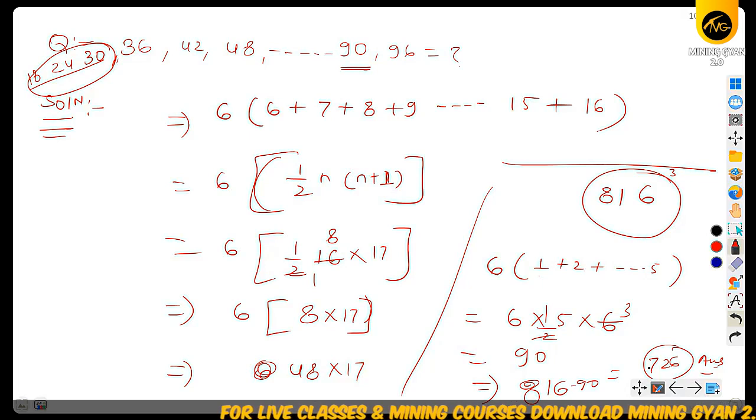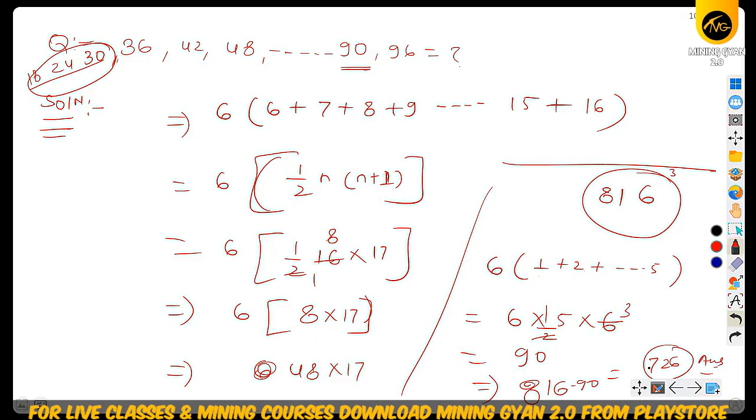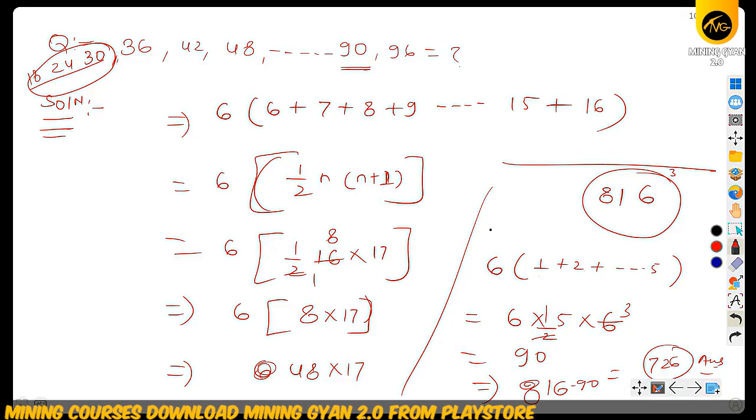Always we have to subtract the remaining portion of the series to find the correct answer, that is, the sum of this series of natural numbers. So this is the first portion of the question. 816 is the first portion, or you can say the total portion.